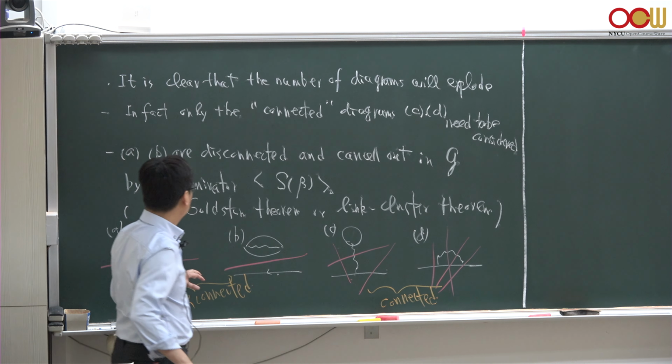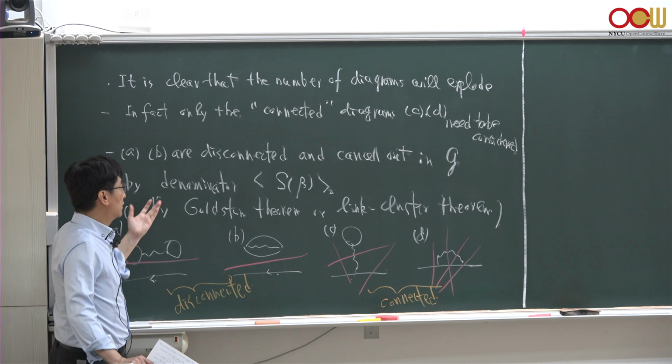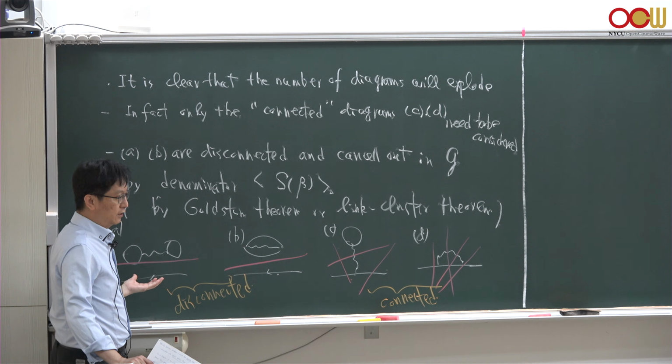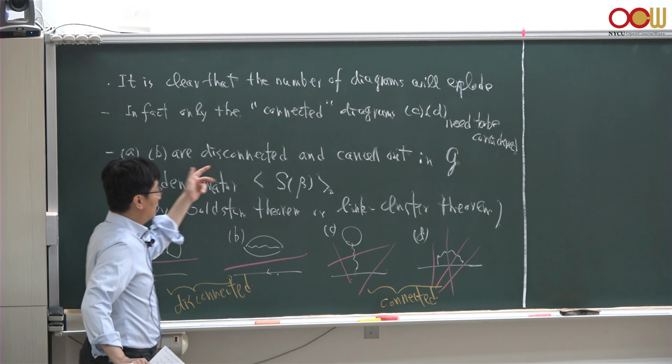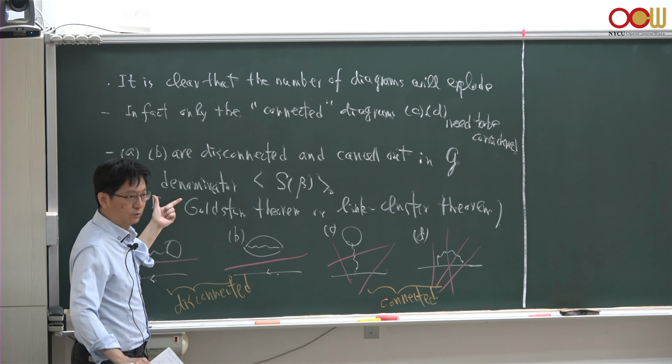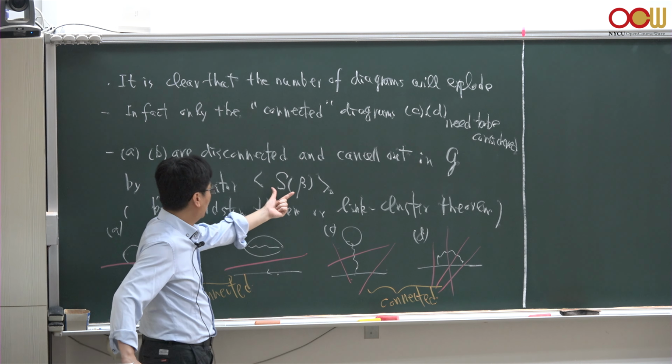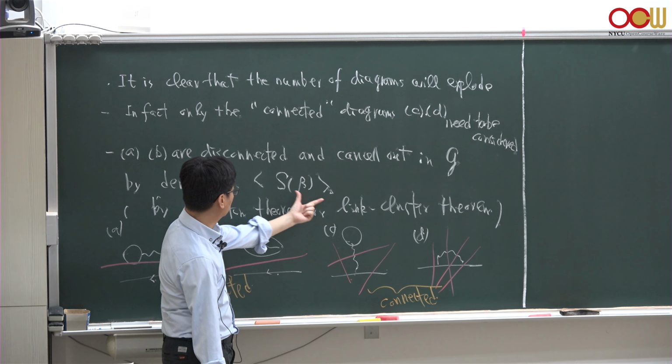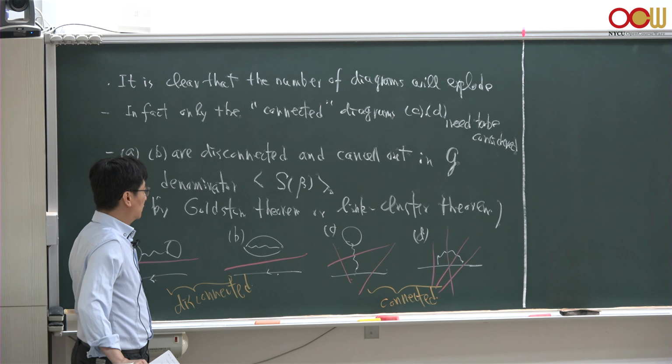The reason why the disconnected diagrams do not count is that they get exactly cancelled in the Green's function by the denominator of G. Remember, there is the S of beta expectation value with respect to the unperturbed state.